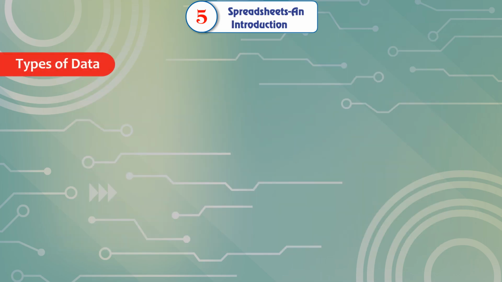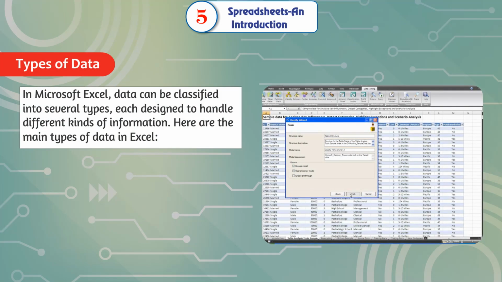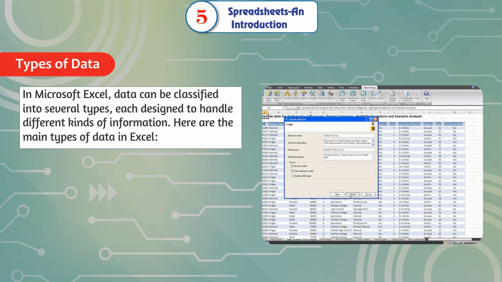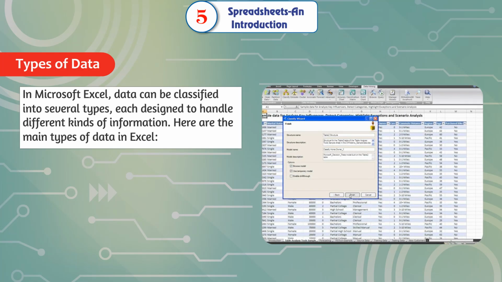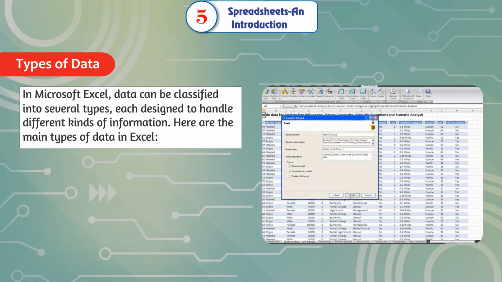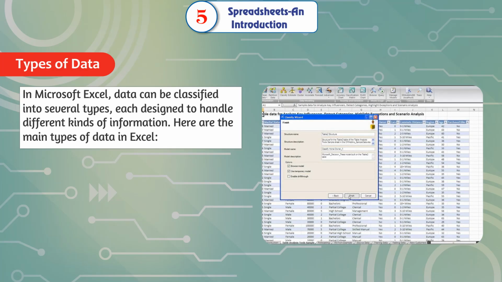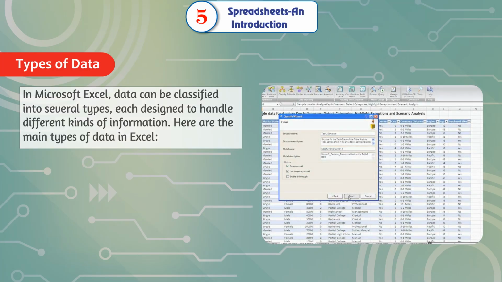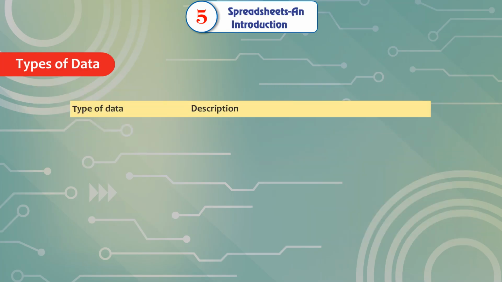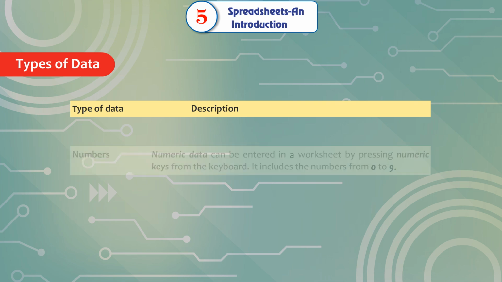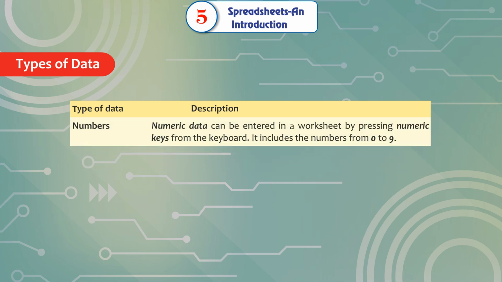Types of data. In Microsoft Excel, data can be classified into several types, each designed to handle different kinds of information. Here are the main types of data in Excel. Type of data. Description: Numbers. Numeric data can be entered in a worksheet by pressing numeric keys from the keyboard.